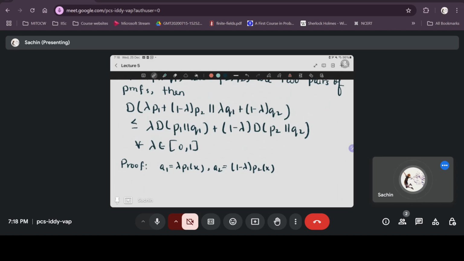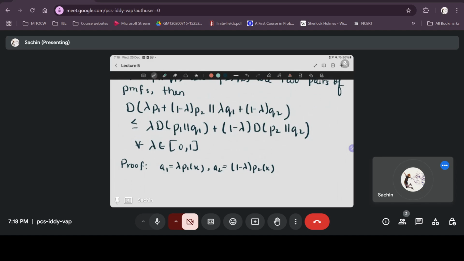Their convex combination is non-negative. And the summation of lambda P1 of x plus 1 minus lambda P2 of x is lambda times the summation of P1 of x plus 1 minus lambda times summation of P2 of x. Summation is over all x in script x, which in turn is equal to lambda plus 1 minus lambda, which is 1.